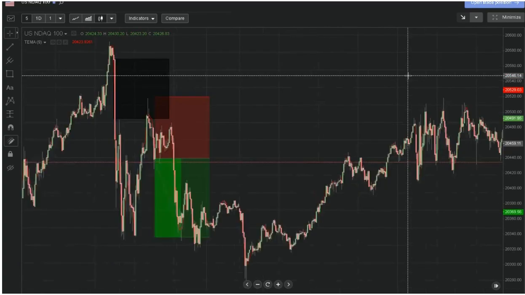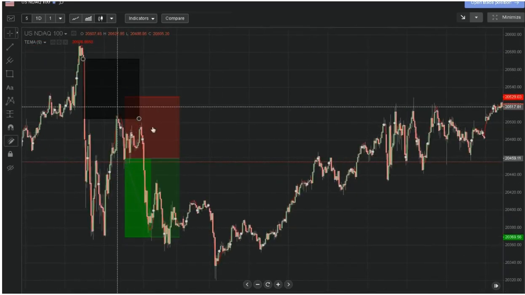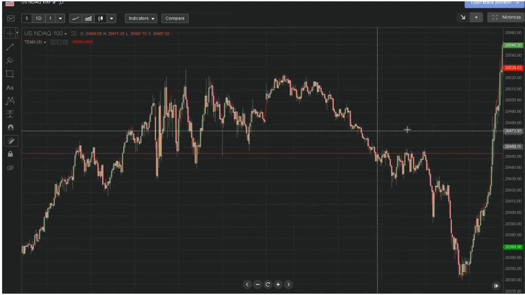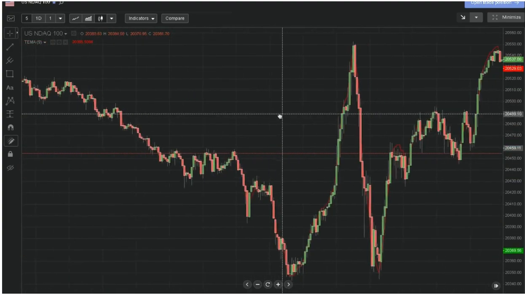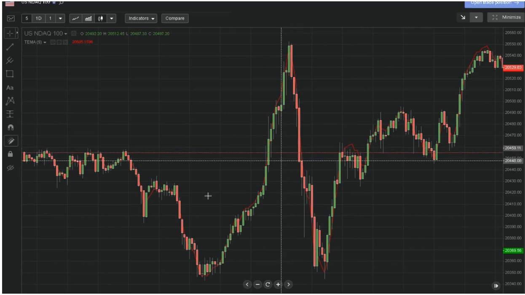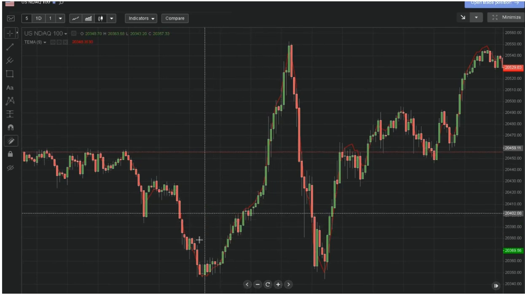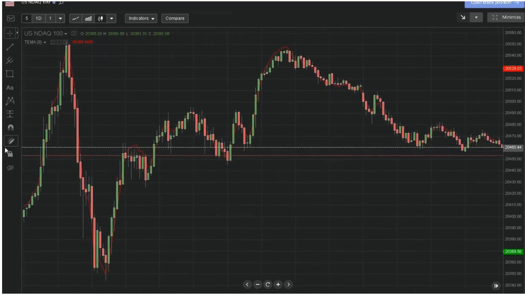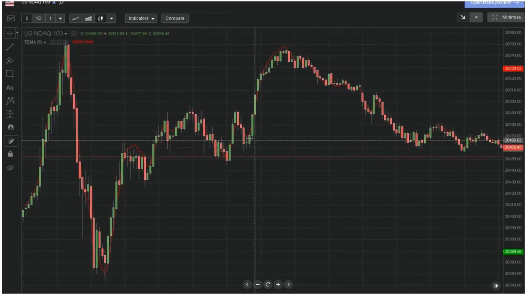So now this is the bearish imbalance. Now I will show you the bullish imbalance. Where is the bullish imbalance here? Yeah, here.